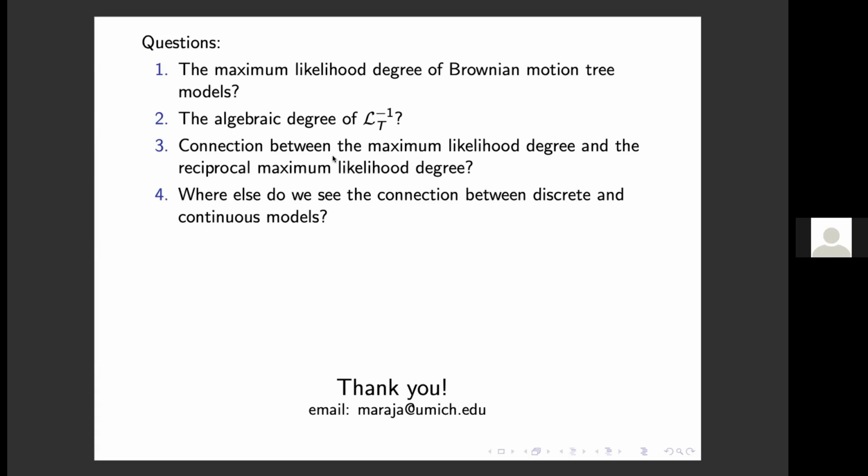How does one translate the tree to these toric variety equations?